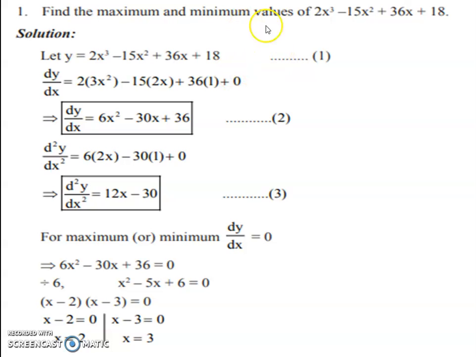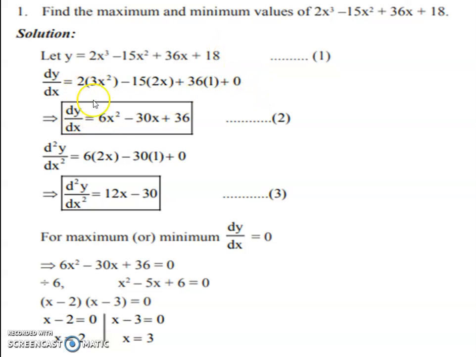Find the maximum and minimum values of 2x cube minus 15x square plus 36x plus 18. We have the equation, so we have to take the derivative. Derivative equal to 0 gives the turning points. The derivative of x cube is 3x square, of x square is 2x, of x is 1, and of the constant is 0.